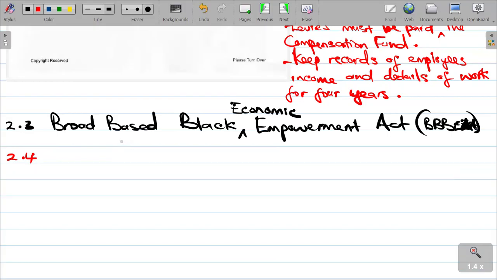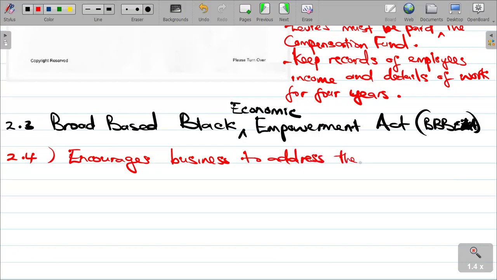We can find that it encourages businesses to address the demands for equity.